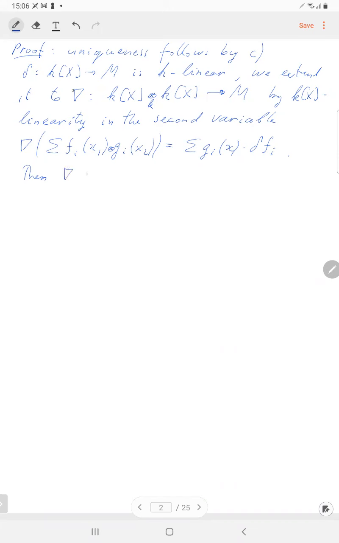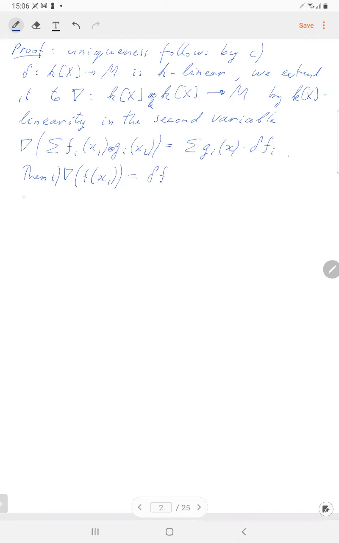First, nabla of f, if it's a function just of the first variable, independent of the second variable, is just delta f. That's clear by construction.